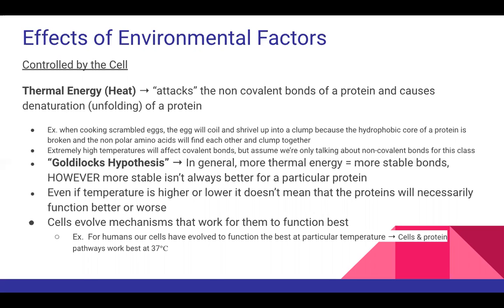I have a question. Yep. Wouldn't less thermal energy mean more stable bonds? Because increased heat would make them less stable? Actually, I think that might be a typo in there, but I'll need to check my notes, because I may have had that written down for the other review too. I'll check my notes at the end of this and I'll send an email if it's wrong, but I think you could be right.